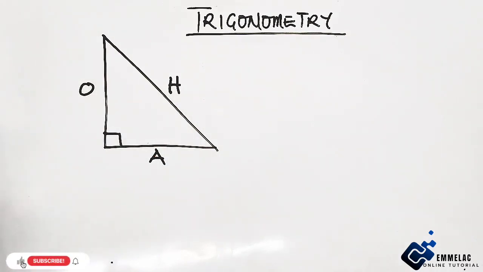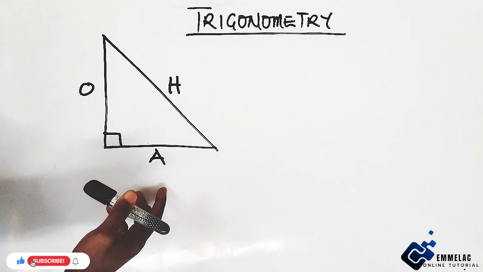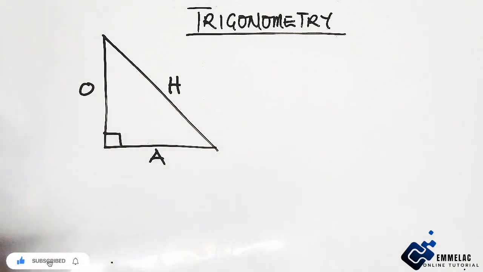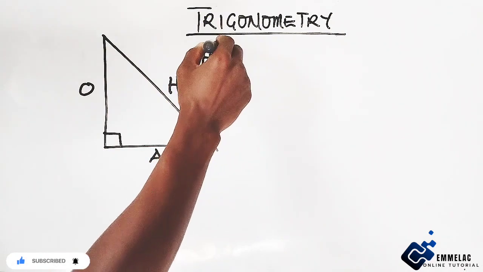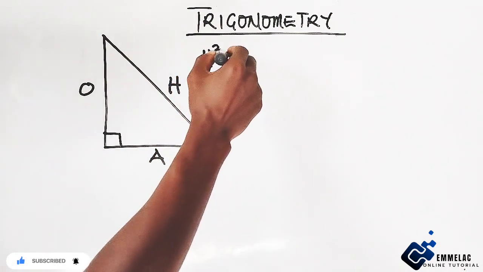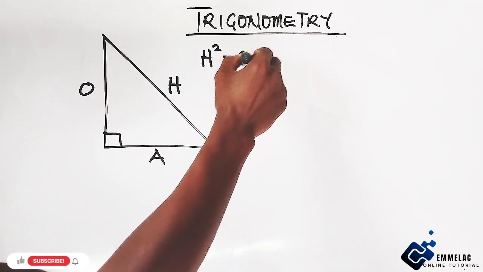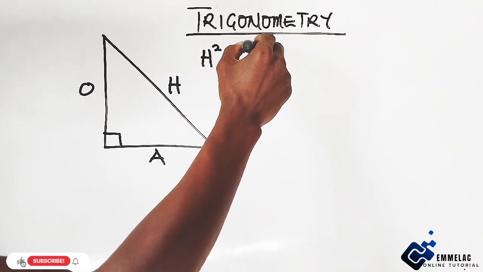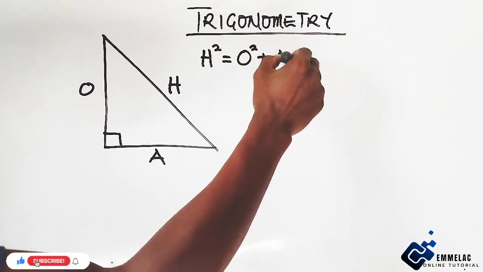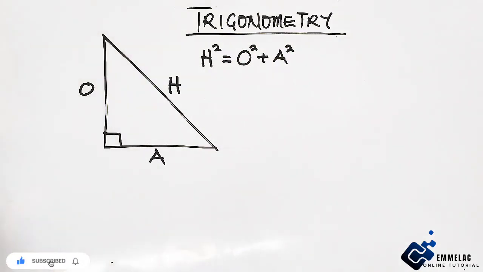Okay, and this brings us to remembrance the Pythagoras theorem that says the square of the hypotenuse equals the sum of the respective squares of the other sides.